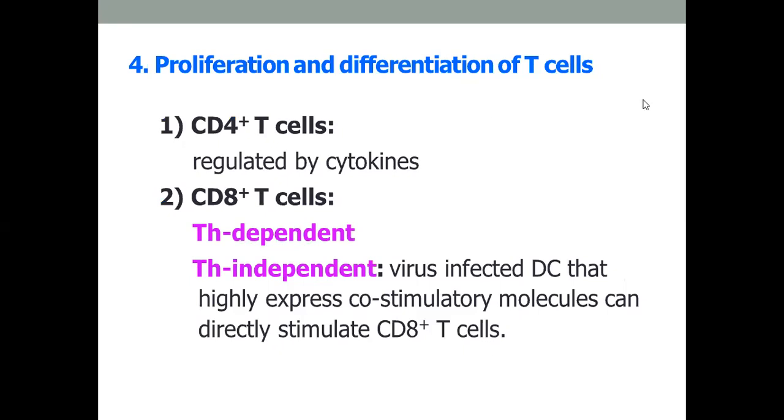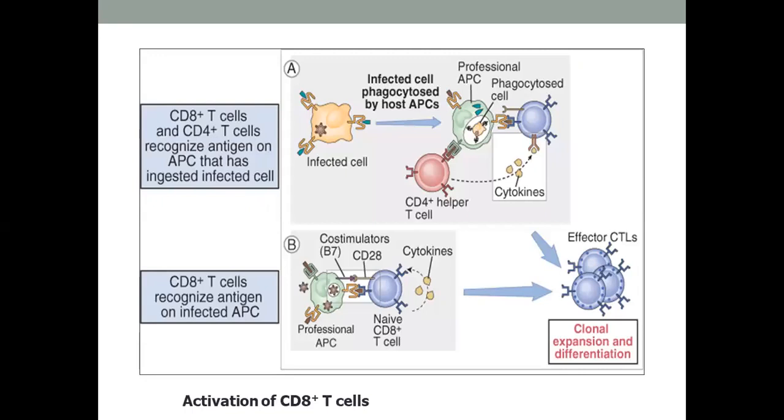The proliferation and differentiation of the CD4 T cells is regulated by cytokines, and the CD8 cells are regulated by T helper dependent or helper cell independent mechanisms. Viruses infect cells that highly express co-stimulation molecules and directly stimulate the CD8 cells. So in this picture, you can see the effect of the CD8 cells and the CD4 cells.